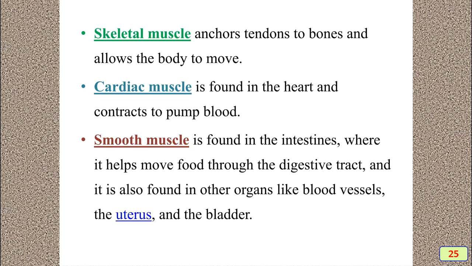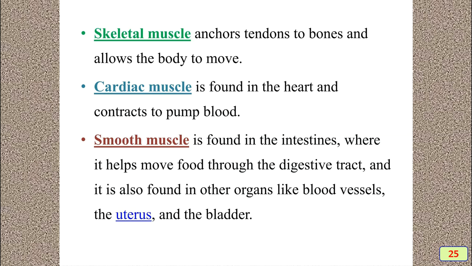So the skeletal muscles anchor tendons to bones and allow the body to move from one place to another. Whereas the cardiac tissues are a specialized type of tissue and they are always in function from the time the animal is in the womb until its last breath.